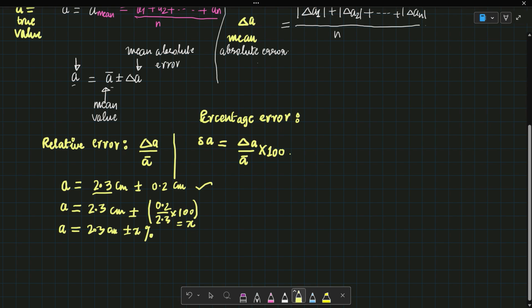Whenever you solve questions, you will see either a physical quantity reported like this with absolute error, or reported as true value plus some percentage error.